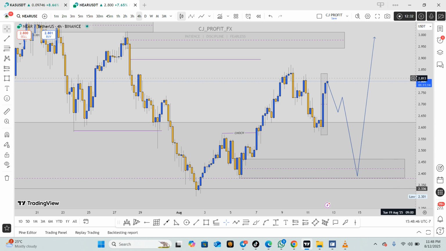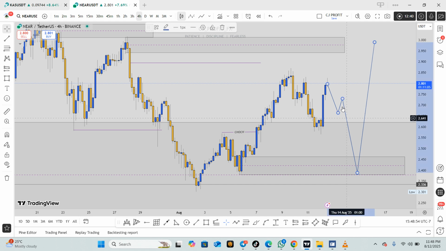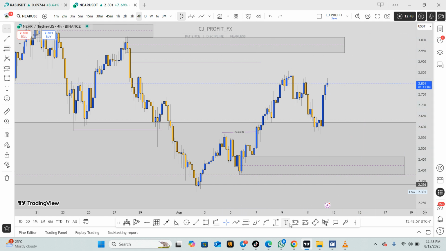So these are the two areas we are targeting at this point. So the market might likely go first and mitigate this area, then we'll see a push down to this area.